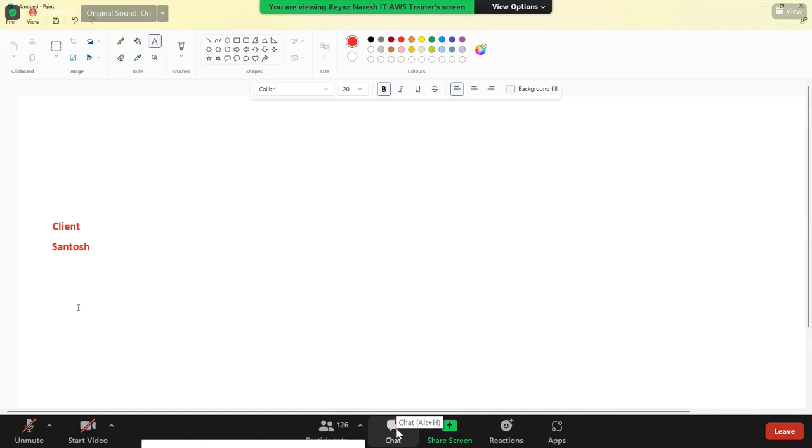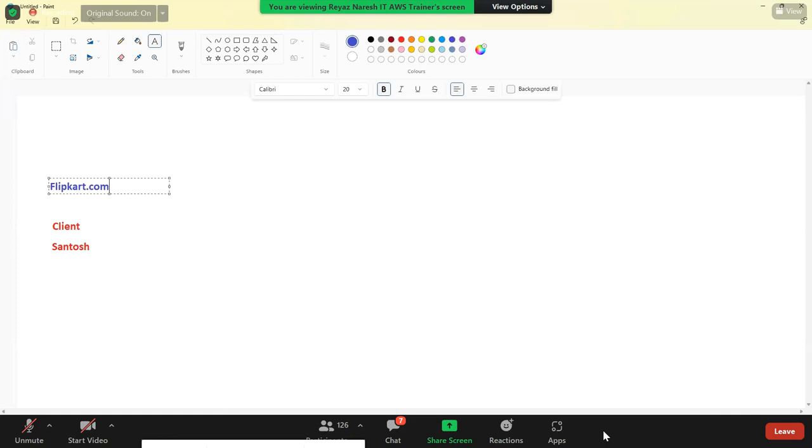So this Santosh has a habit: he opens the laptop, opens the browser, and types flipkart.com. He's very fond of searching. Everyone has their own habit.